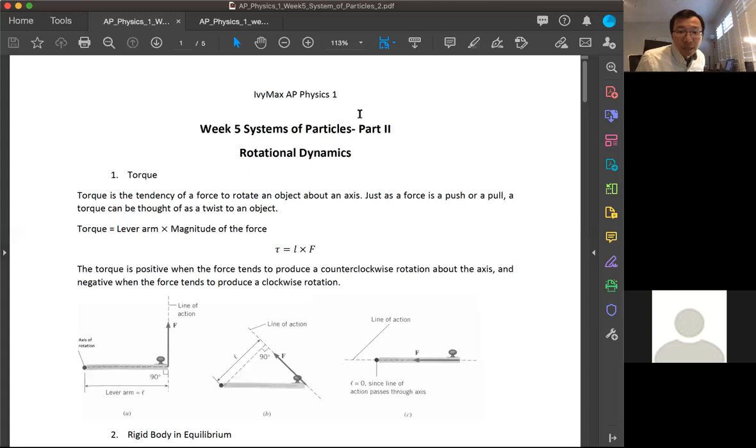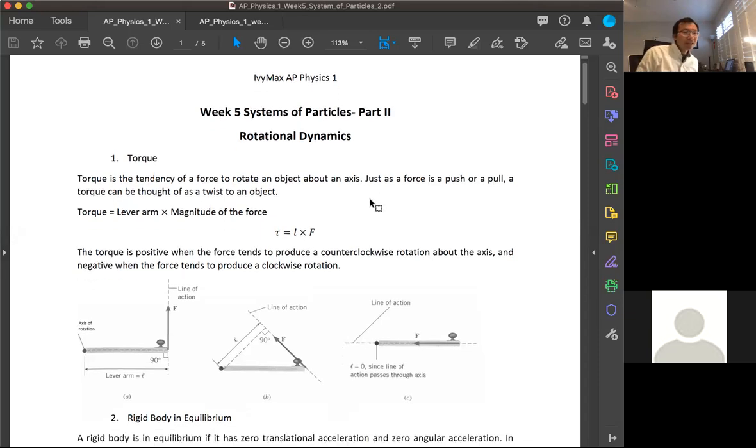All right, next package is about rotational dynamics, right? So you can find the rotational quantities and the translational ones, the linear motion. Almost all of the physical quantities are comparable to each other.